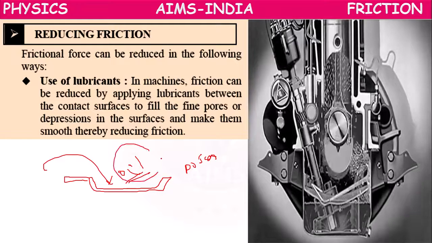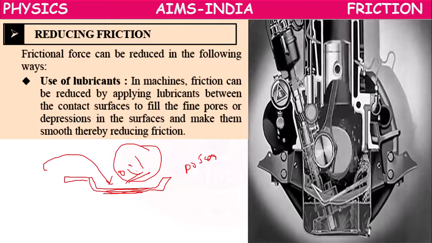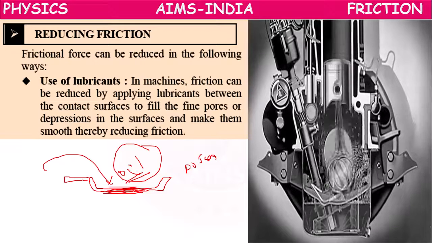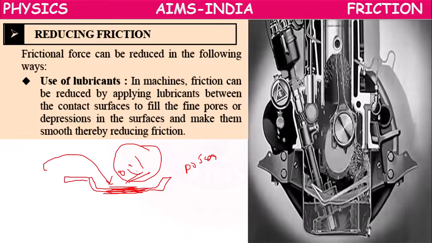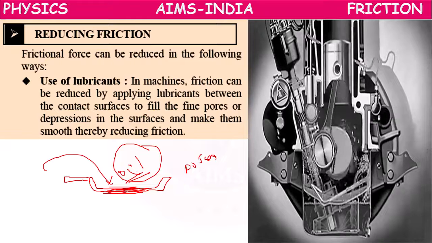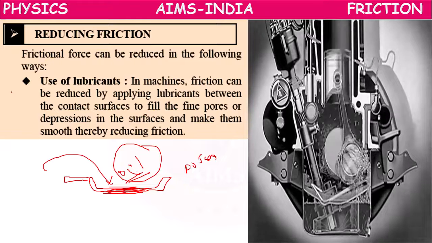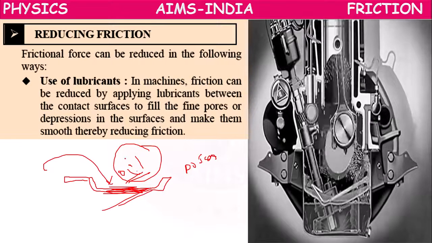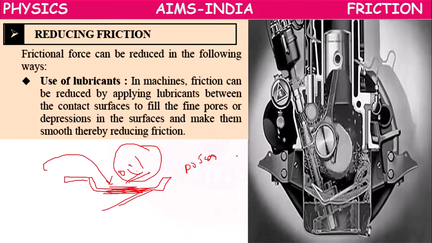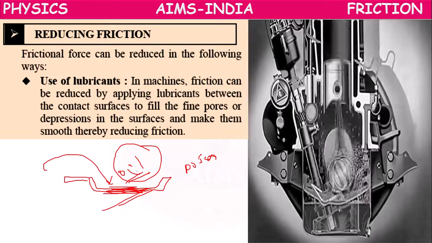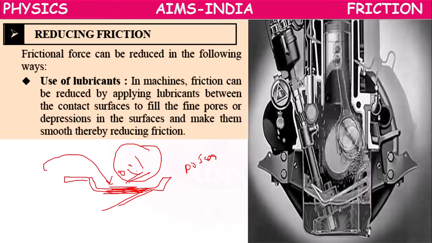Because of that vegetable oil, this pan surface will become smoother, so that dosa will come out easily. So vegetable oil is also one kind of lubricant. Engine oil, so many kinds of oils, or boric acid.